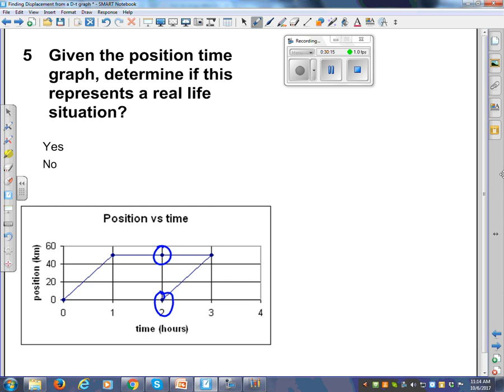I'm almost done. In all cases, position is a function of time, because if you draw a vertical line, you can only be in one place at any point in time. So right there, what does this make it? It makes it not a function. Okay? So you can't go back in time.